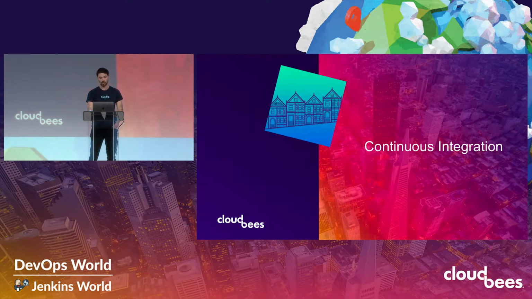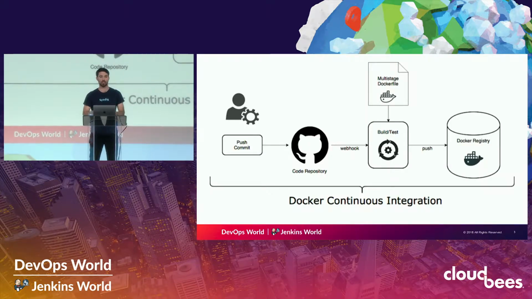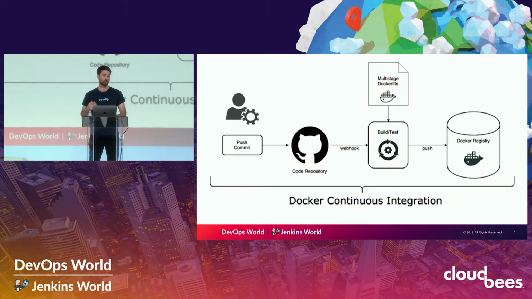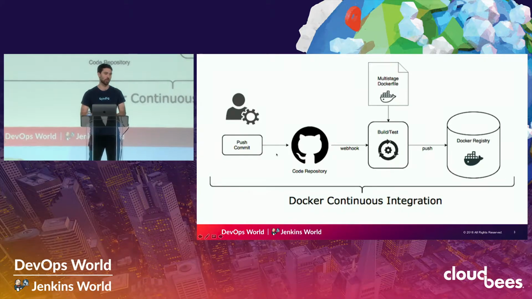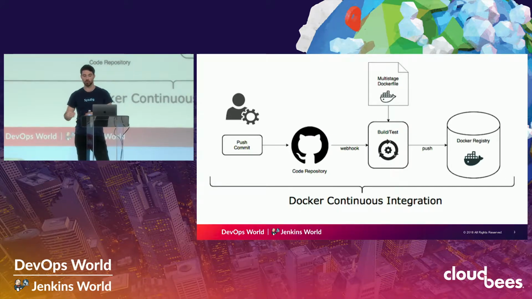So starting off, we're just going to go through some of the basics of continuous integration and why it's a little bit different in the container world. Like your normal process, you're going to have a developer who's going to push some code to a code repository. That could be GitHub, GitLab, whatever you're using there. Hopefully you have some automated step that's going to pull that into your build pipeline.